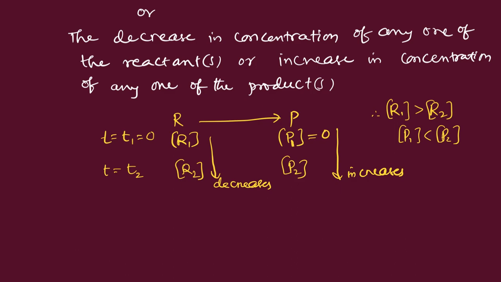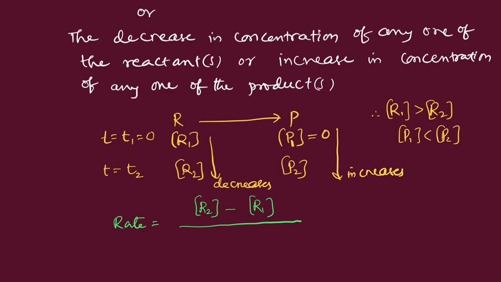Now, rate is equal to, what is a rate? A rate is equal to change in some variable. Now, with respect to reactant, I can write final minus initial. What is the final here? R2 concentration minus R1 concentration. Already we know that R2 is lower than R1.